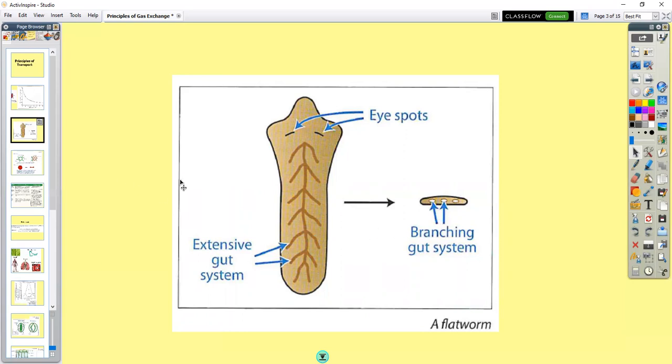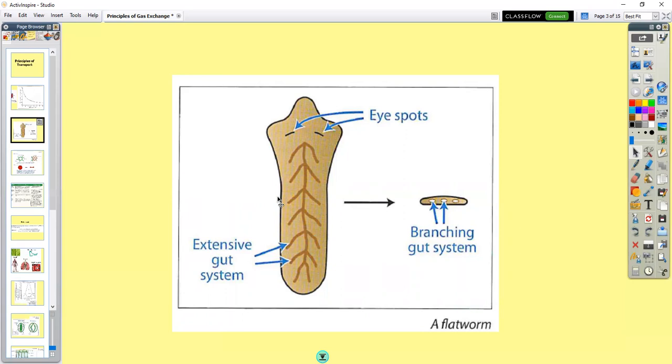Okay. Also, things which have a very thin surface, so a short distance for things to diffuse. So, for example, the alveoli are only 1 cell thick, and then that's very close to the 1 cell thick blood capillary, which can transport oxygen and carbon dioxide in and out.